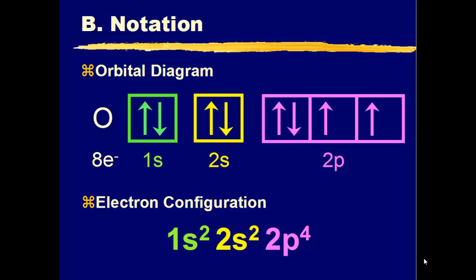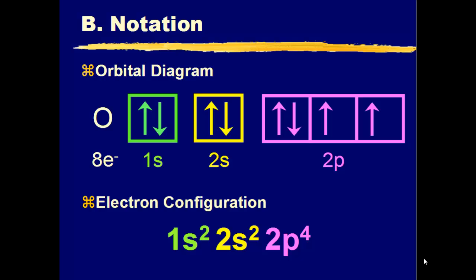So the next thing that gets filled up is to go to the second energy level and fill up the 2s. I can put 2 electrons there, but no more. Once the 2s is full, there's still some more rooms on the second floor. The 2p rooms are available, or the 2p sublevel.